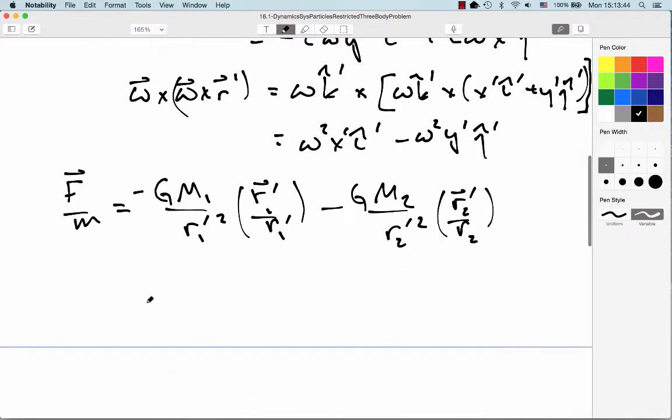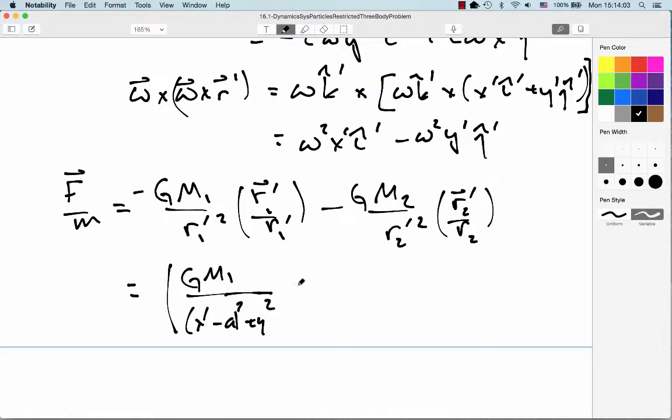All right, so you can work that out, and you're going to get that to be minus G M1 over x prime minus a squared plus y squared for the distance. And then we need to take the, and here I'm just taking the x component.